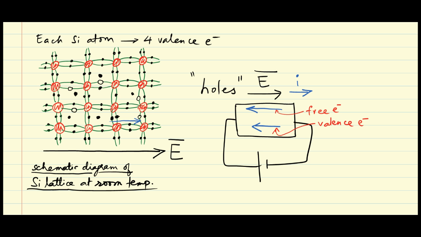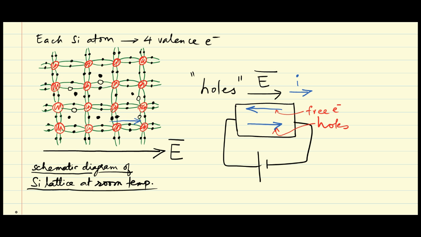So now in this right hand side diagram, I can change the direction of this arrow, which was the contribution towards the current from the valence electrons. So I can now say that there are holes which contribute towards the current, and they move from left to right with the field.